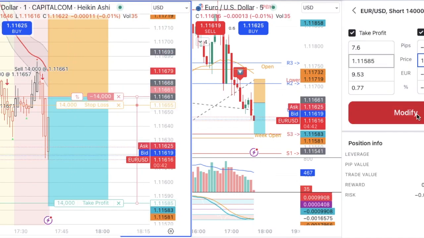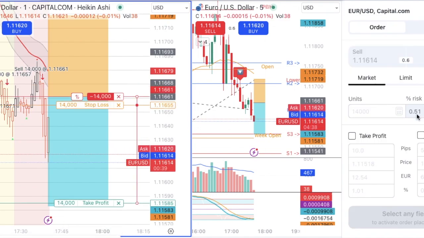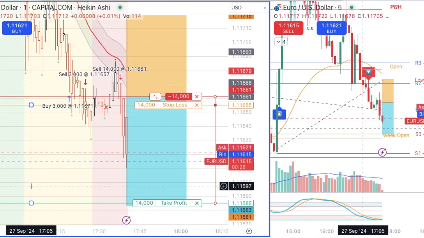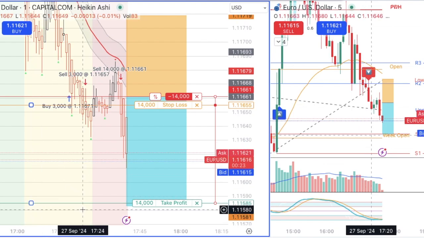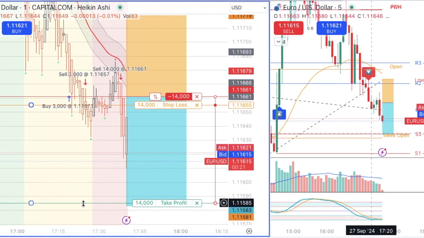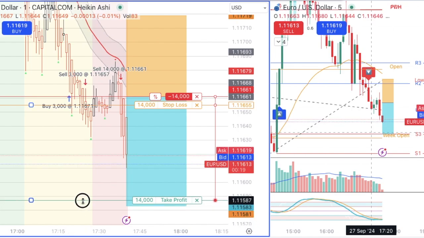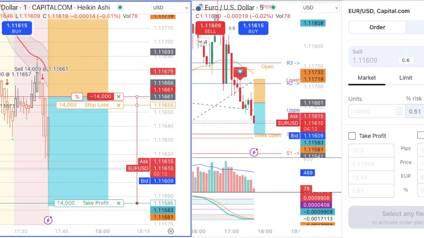We'll go here. So now we can't lose. Let's close this. I'm just going to tick further up because I got my spread as well.